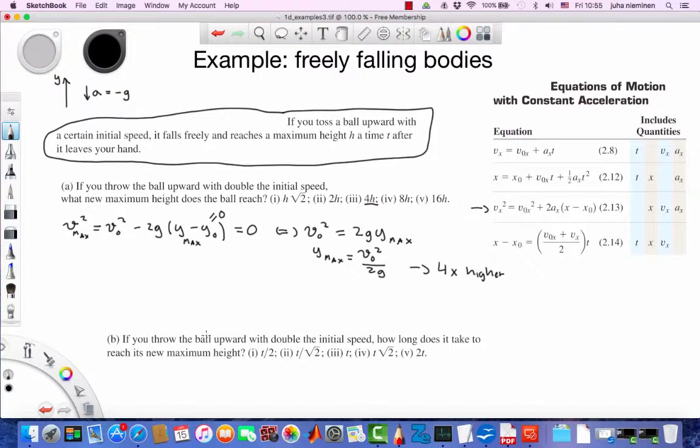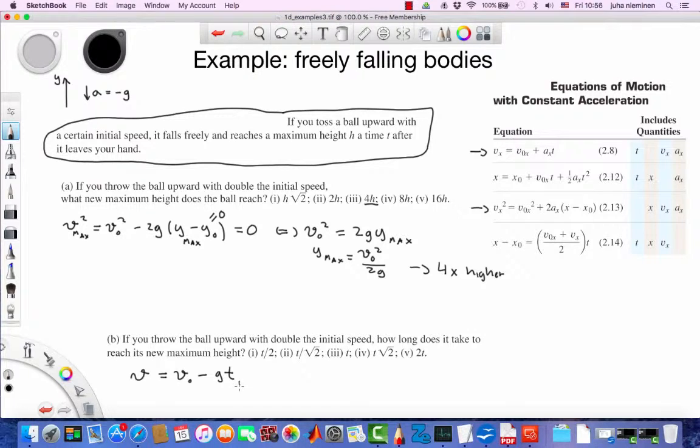And then part B, if we throw the ball upward with double the initial speed as before, how long does it take to reach its new maximum height? Okay, so again we have to find a general expression for the time it takes for the ball to climb up. And so we're looking for something that has t involved, so let's pick the most simple one. In that case we have v equals v0 minus gt.